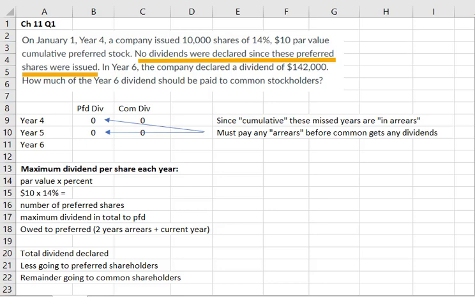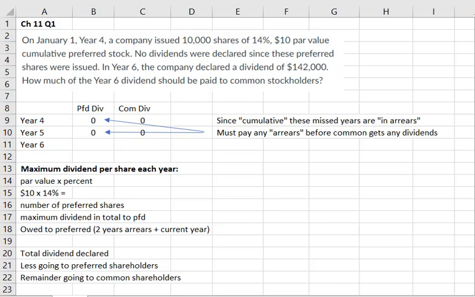So that means year 4 preferred got none, and it's cumulative, so that year went into arrears. Year 5 got none, so in that year, the maximum dividend per share that was owed to the preferred shareholders went into arrears. So we have 2 years in arrears.